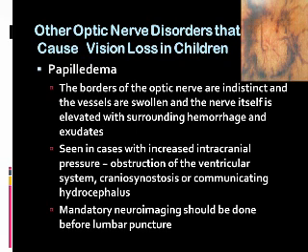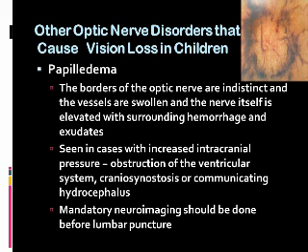Briefly, to review the other optic nerve disorders that can cause vision loss in children and are usually seen in our practice is papilledema. Papilledema is characterized by indistinct borders of the optic nerve, and the vessels are swollen, and the nerve itself is elevated with surrounding hemorrhage and exudates.